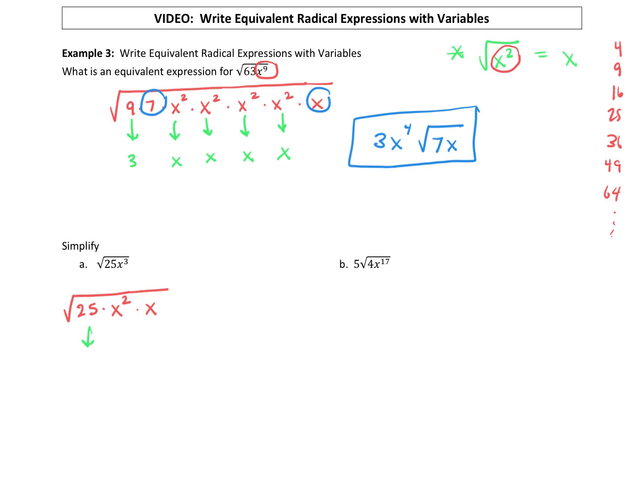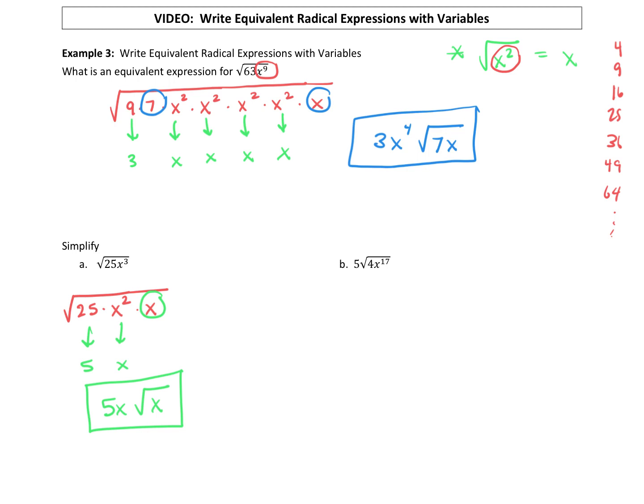The square root of 25 is 5. The square root of x squared is x. And then that x stays underneath the square root. So our final answer is the 5 times x out front, and then the square root of the x that was left underneath the square root. We didn't have enough x's to take that square root.